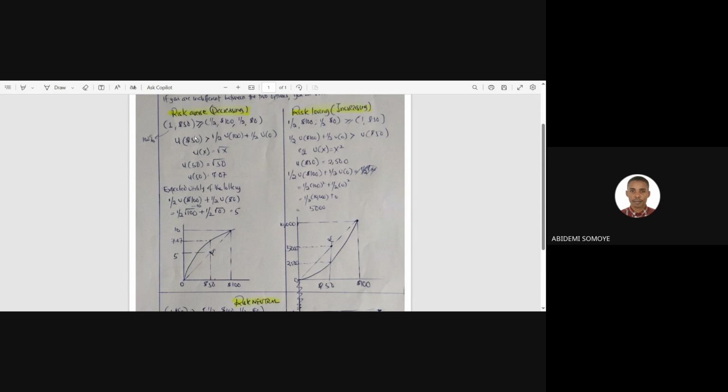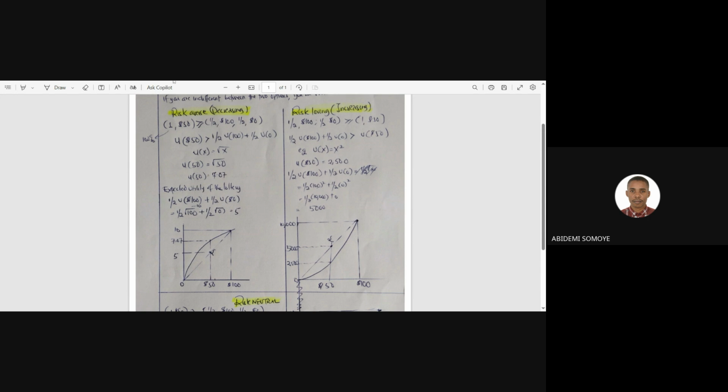It means that a risk-averse person will go for $50 as opposed to playing the gamble. Remember this equation, u of x equals square root of x. For risk averse, you need that equation.